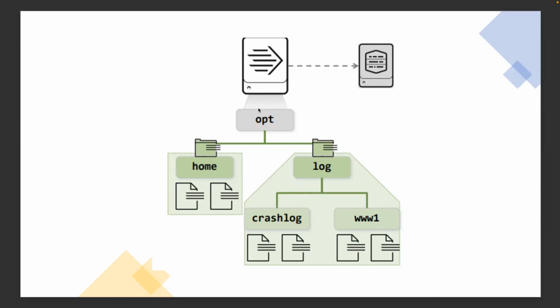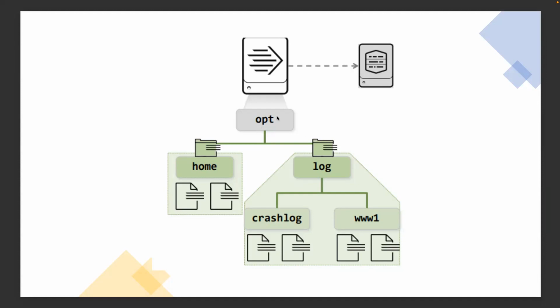So we are saying to monitor this OPT directory. Inside of OPT, we have log, and we have a home directory. So you see, we have the directory OPT, and the subdirectory log. Inside of the subdirectory log, we have crash log, which holds logs, and another directory, ww1, that has other logs. So we have subdirectories that then have individual files in them.